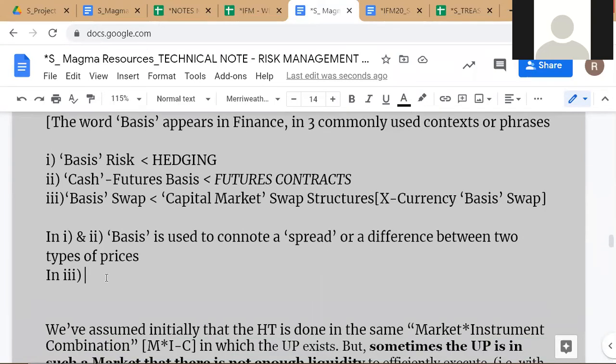So to understand now, in 3, basis is used in a different way. Basis is used to connote a floating rate reference.